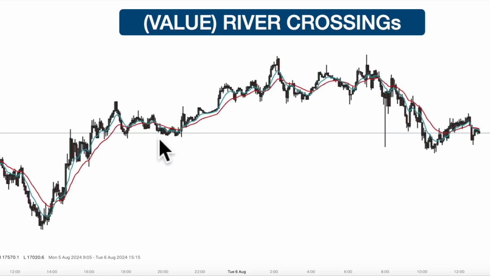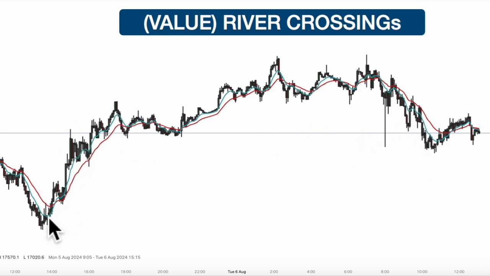So I decided I would give it some more context and I would look at charts like this. You can see that this has a red and a blue line on it, the blue being the shorter term 8 exponential moving average, the red being the longer term 20 exponential moving average. And so you can see that price spends time above these lines and it spends time below these lines.